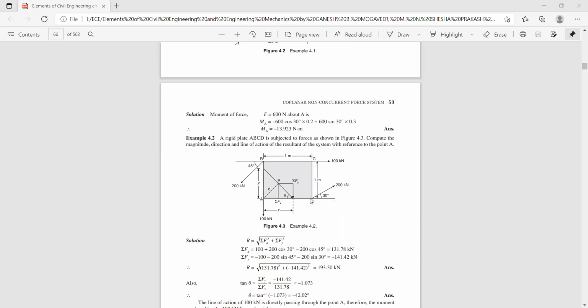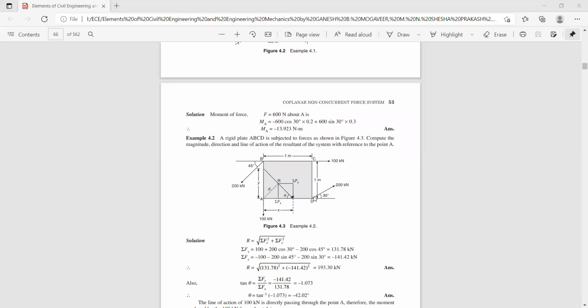And next, here, if you resolve this force, its x component is in line with AD. It is like this, and the perpendicular distance is 0. Correct? So the perpendicular distance of the line of action of this force with respect to point A is 0.